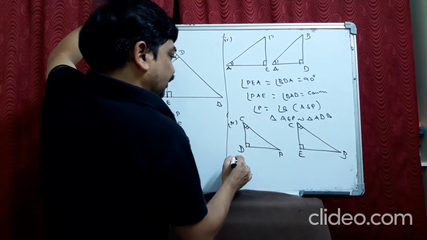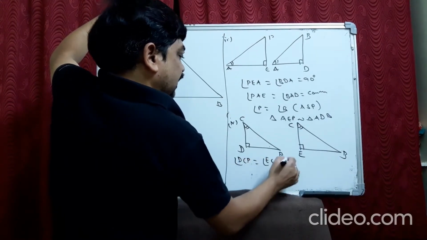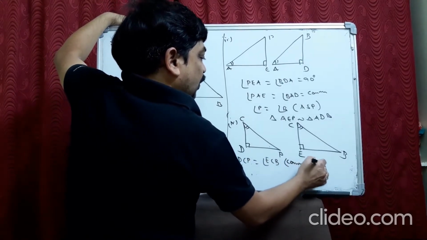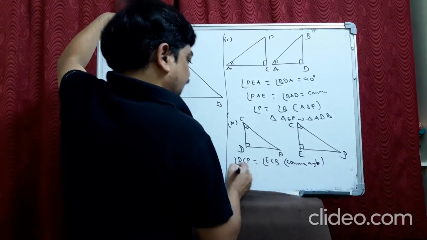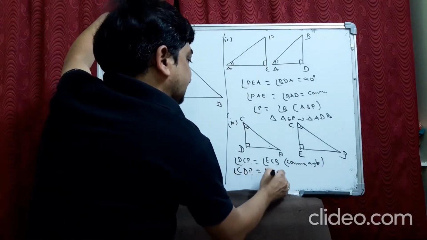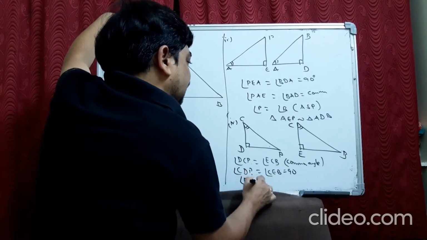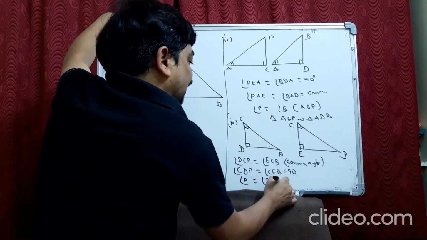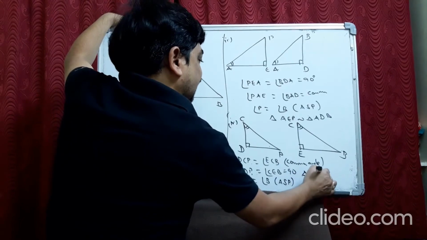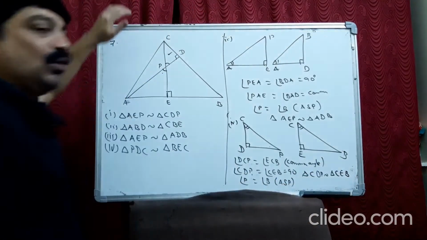So we write: angle DCP is equal to angle ECB, because it is a common angle, a common vertex in both the triangles. And angle CDP is equal to angle CEB is equal to 90 degrees, right angle. Obviously, the third angle will be the same from angle sum property. Therefore, triangle CDP is similar to triangle CEB. Okay?